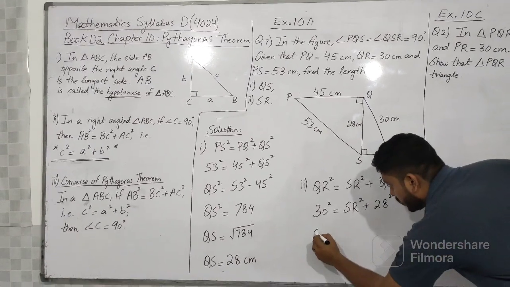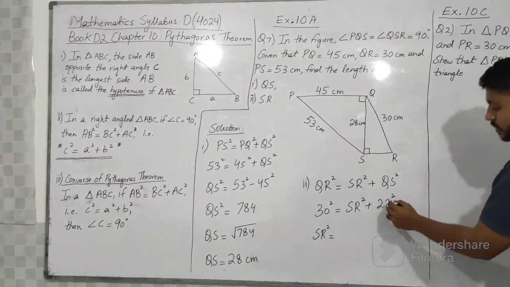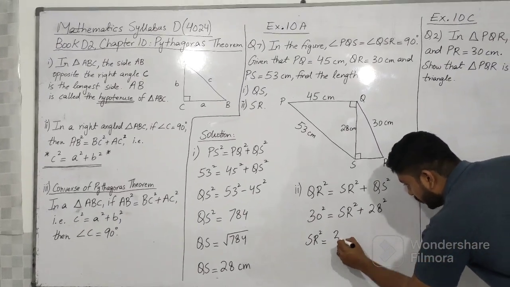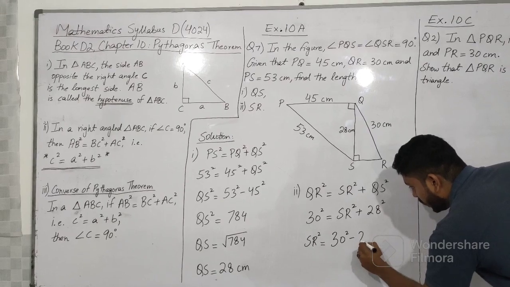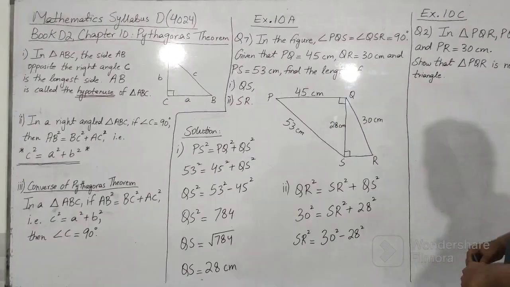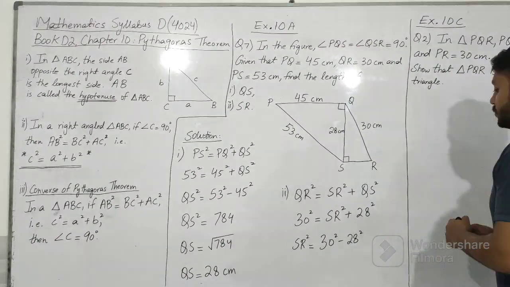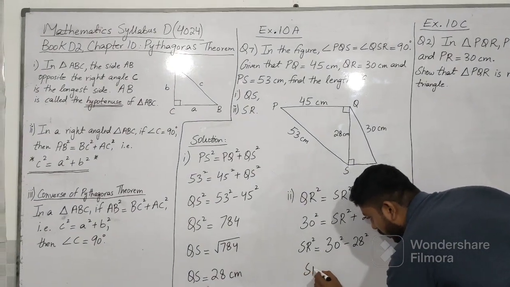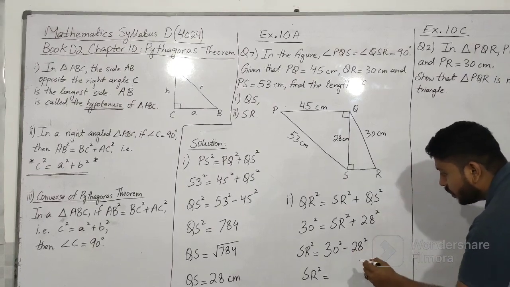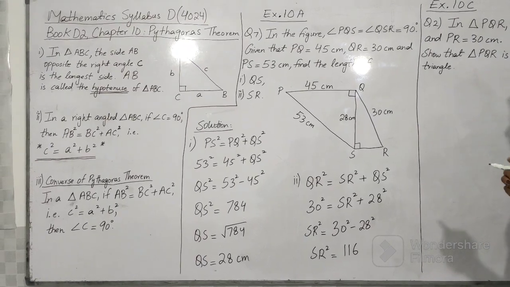So SR square will be 30 square, and this 28 square will be shifted to that side and will now be minus 28 square. So using a calculator, try to find out 30 square minus 28 square. It's coming at 116.